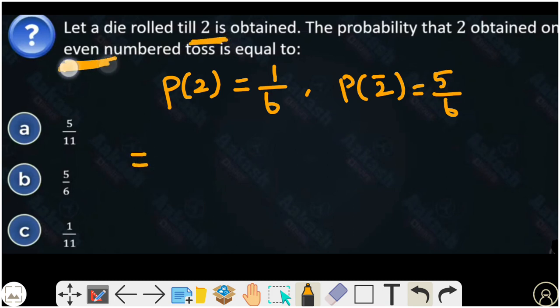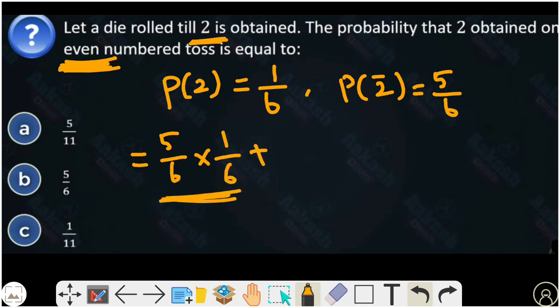Even times you have to toss it, so that first time I will get 5 by 6 and the next time I will get 1 by 6, plus next time. So here you have to toss it twice, even times. Next time you have to toss it 4 times, next time 6 times, so even times, multiples of 2.